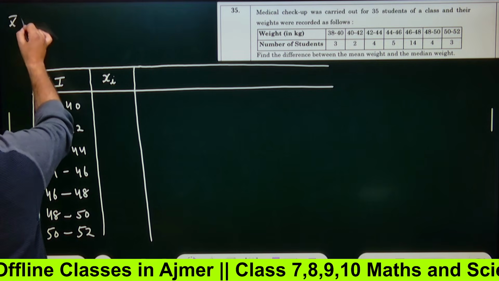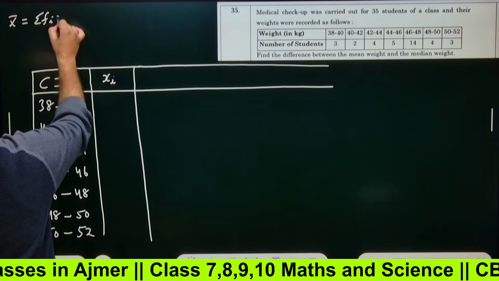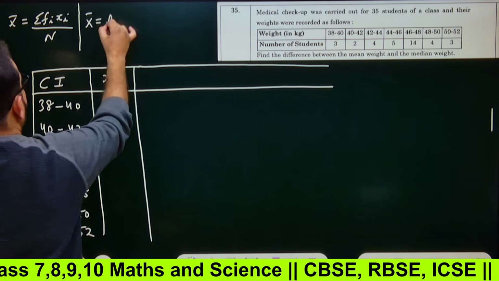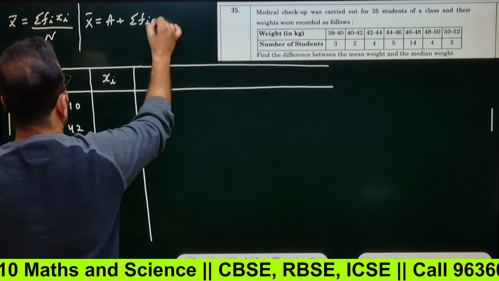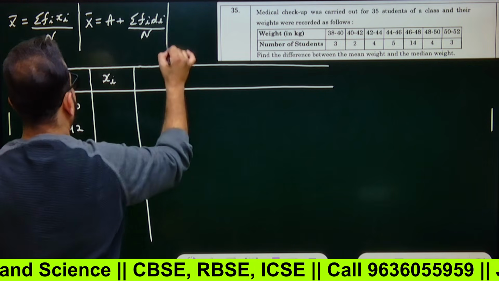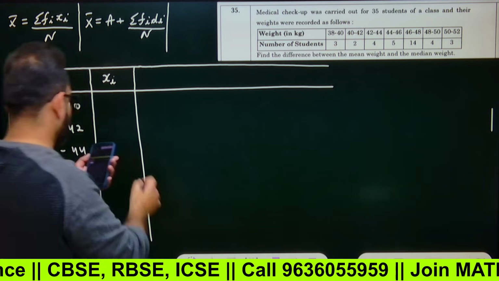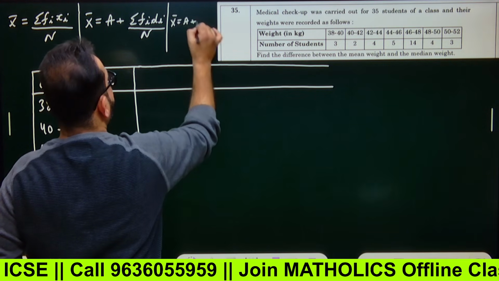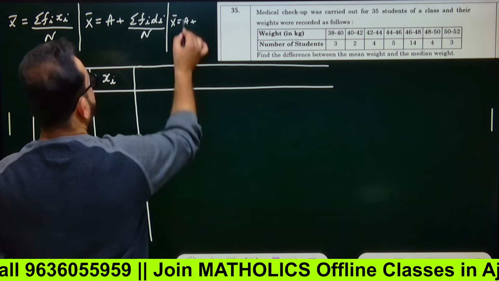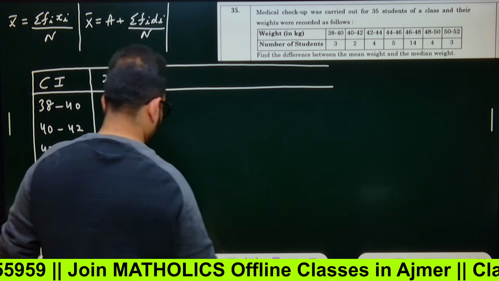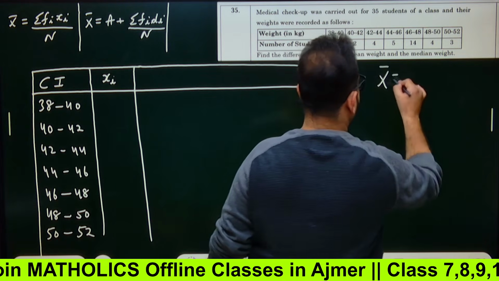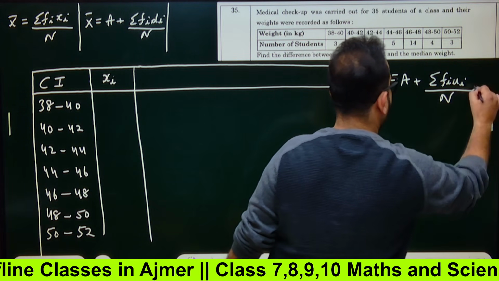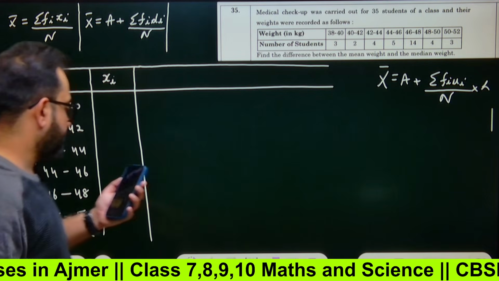First is x bar equals sigma fi xi upon capital N. Next is x bar equals a plus sigma fi di upon capital N. And third one, step deviation: x bar equals a plus sigma fi ui upon capital N into small h.